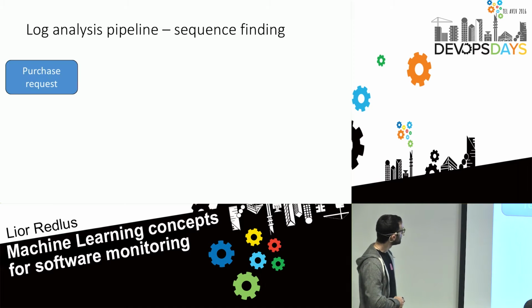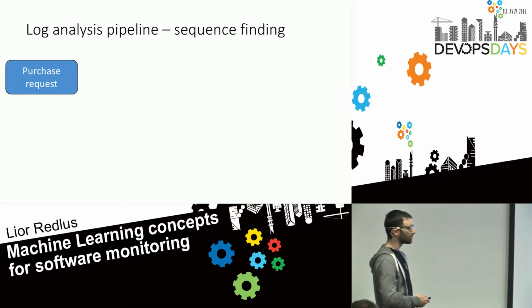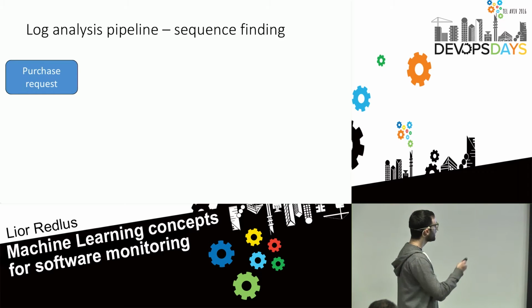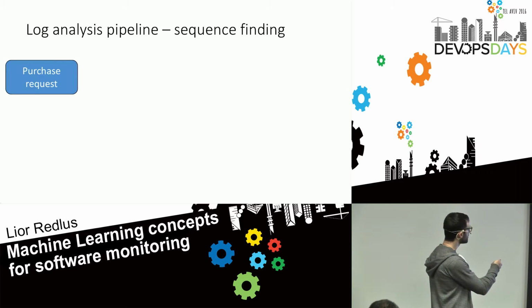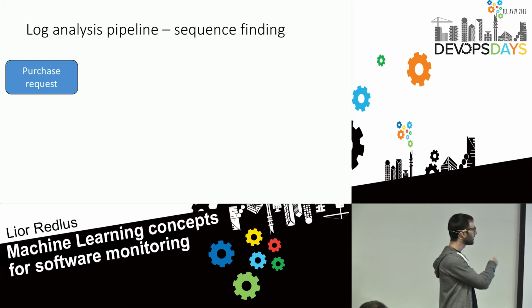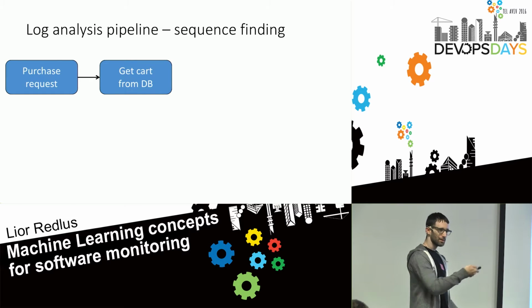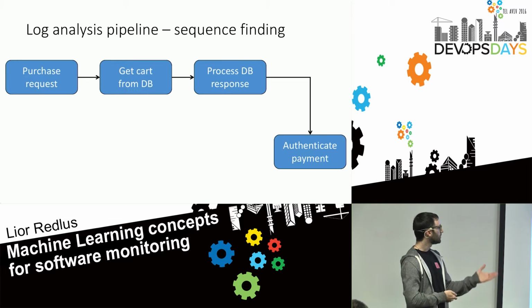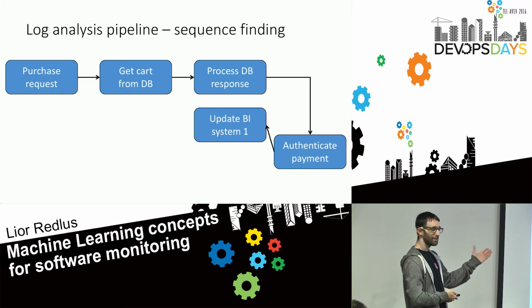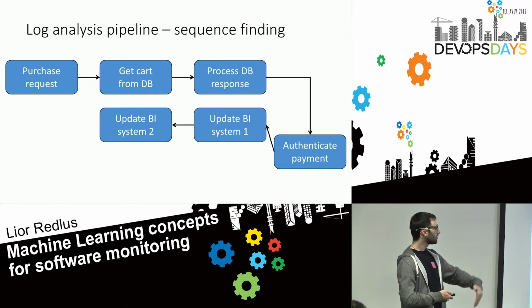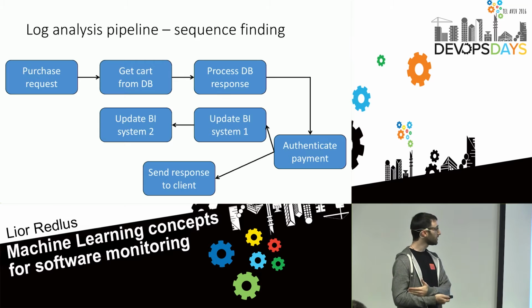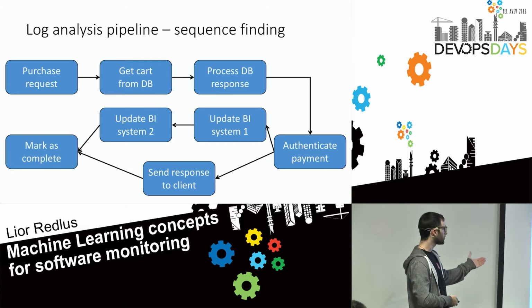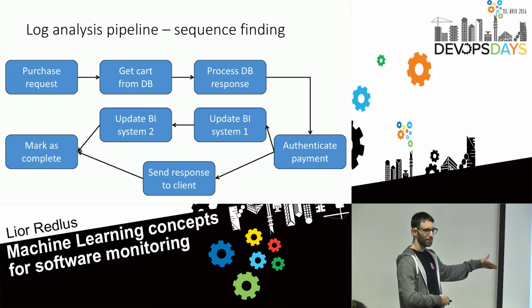Let's take it into a real-world example. If I have a purchase request come into my system, I then need to get the cart of that purchase from the database, process that request, authenticate the payment, maybe update the BI system and another one, send a response also to the client after I've processed it, and then probably have a log that marked this purchase as complete.